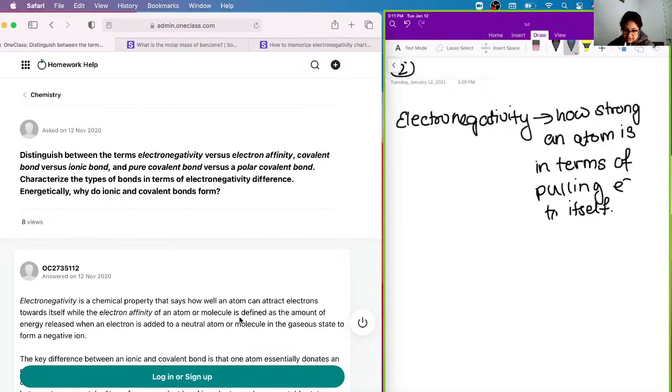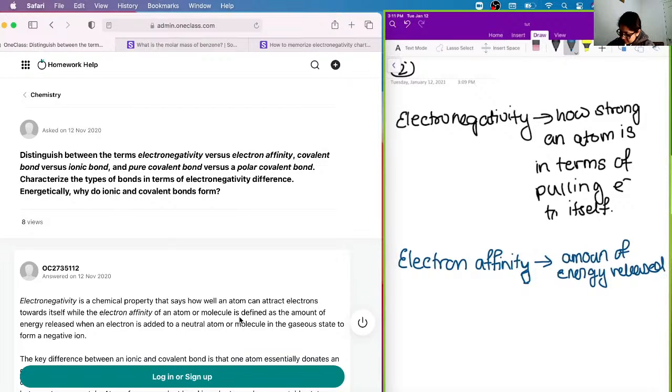Where your electron affinity, this is where it's stated that the electron affinity of an atom or molecule is defined as the amount of energy released by an atom when an electron is added.